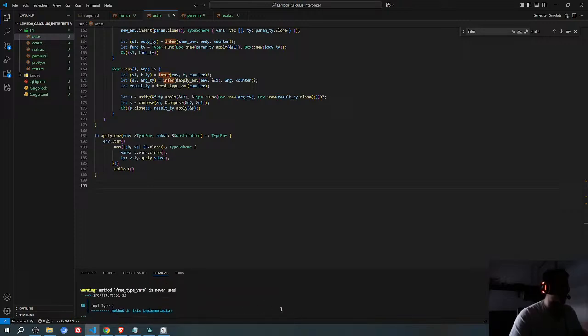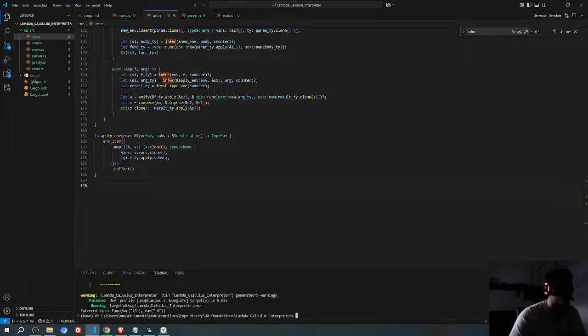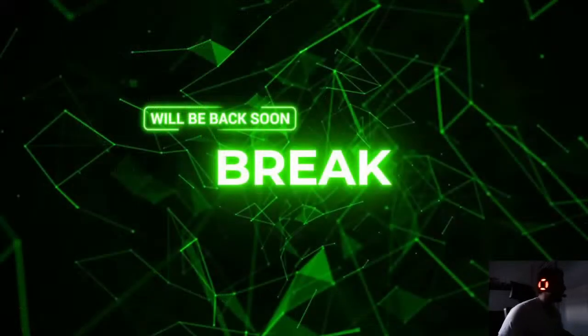Yeah, so it compiles and it runs, but there's all these annoying warnings because of stuff that is not used, I guess. So I'm gonna try to find the chat there with AI.